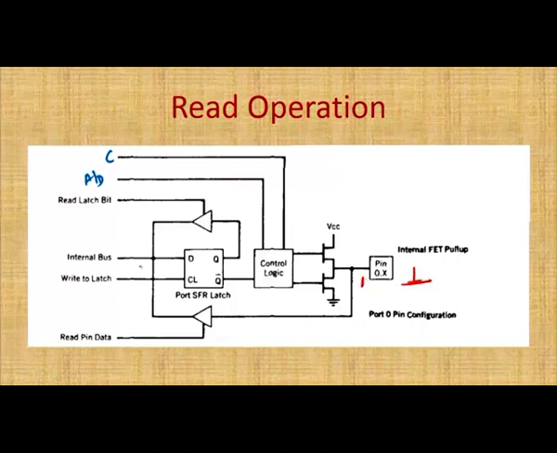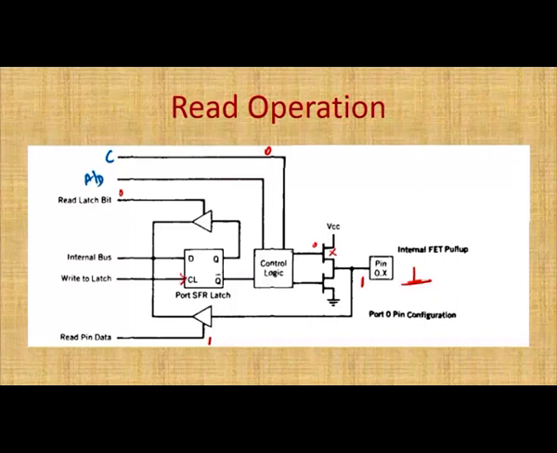So for that I want to make the data pin 1. Now the latch pin is 0, the data pin is 1, and at the same time the control signal is 0. When the control signal is 0, this signal will be 0, so this NMOS goes to the off state. NMOS off means there is no signal here, and at the same time the latch's write enable signal is always 1 to activate the clock signal.